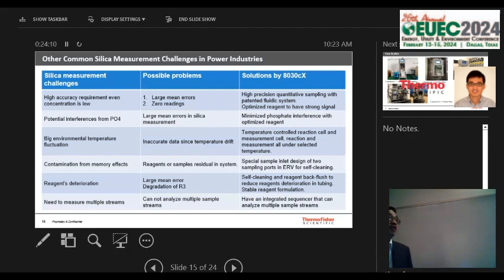Environment temperature fluctuations: sometimes your analyzer is in your shed. It's not temperature controlled. You don't need to worry about it. Sometimes even when you run cold water, we have a temperature controlled reaction cell that always brings the temperature up to a fixed temperature. This allows a stable reaction and also consistent reading from time to time, from winter to summer.